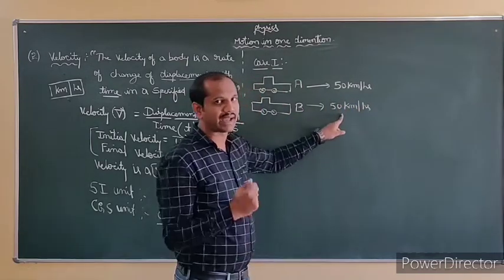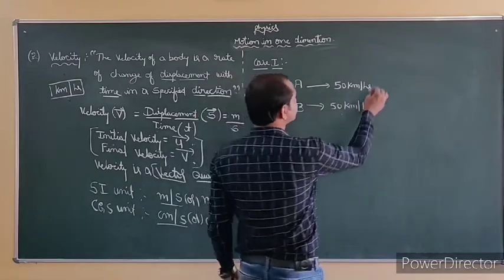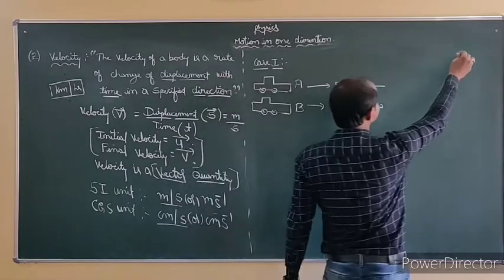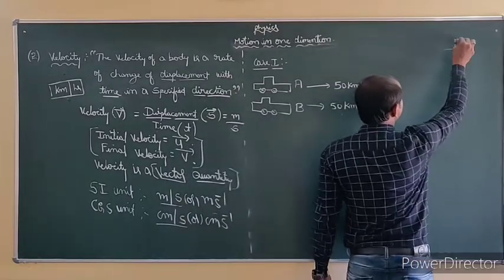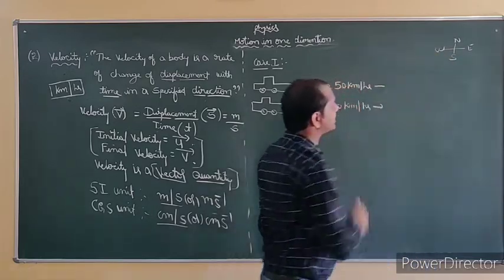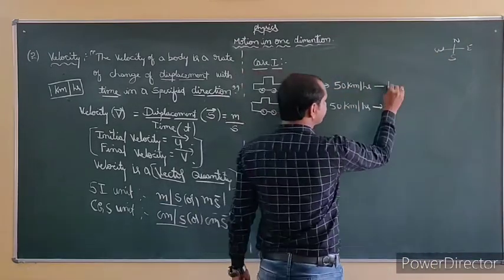The speed is nothing but magnitude. And what is the direction? The direction is towards your right. We have already seen the directions: north, south, east and west. So the direction is east.